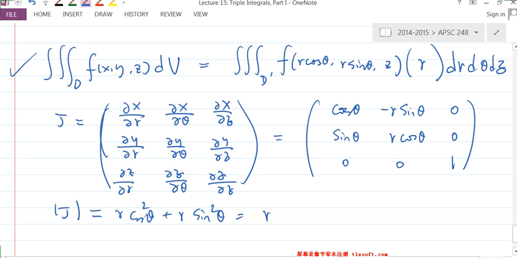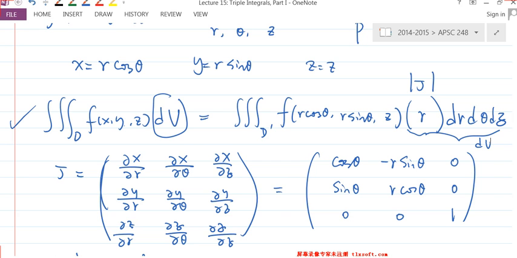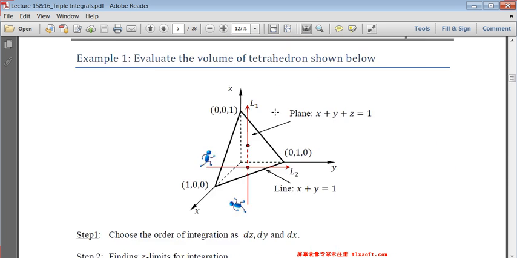So this is a more mathematical way. You can also use a sort of approximation process, because you know what this is. This is a dV, so that's the volume of a small patch, a small box. If I do similar things in the cylindrical coordinates, this portion should also represent a small volume in the cylindrical coordinates. I want you to check out the lecture notes for this approach.